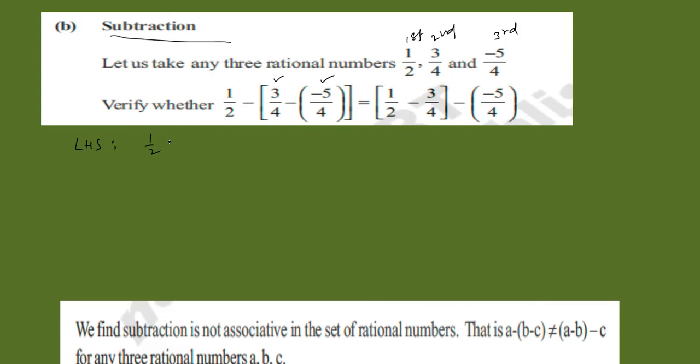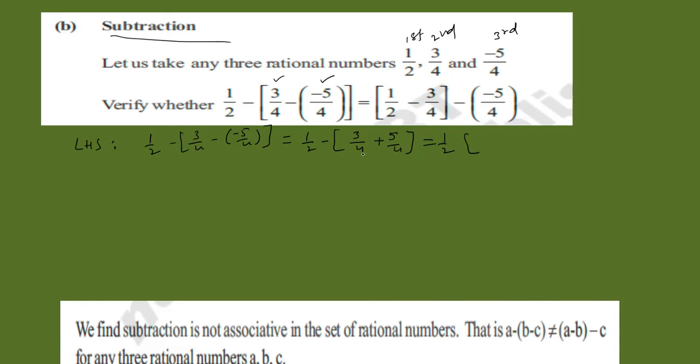So you take that part, LHS: 1 by 2 minus (3 by 4 minus of minus 5 by 4). That equals 1 by 2, you write as usual. Now we subtract the third number from the second number, 3 by 4, here minus into minus is plus, plus 5 by 4.